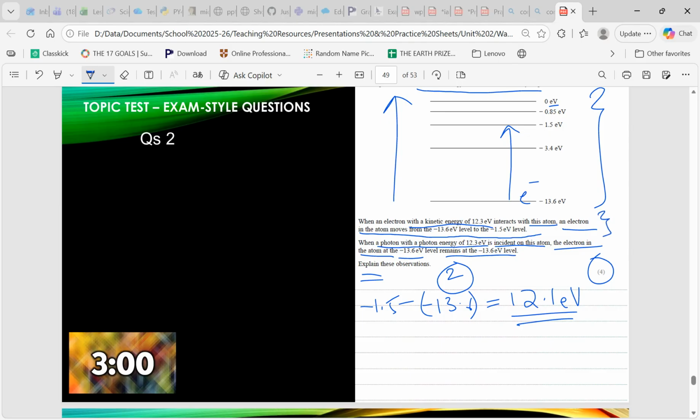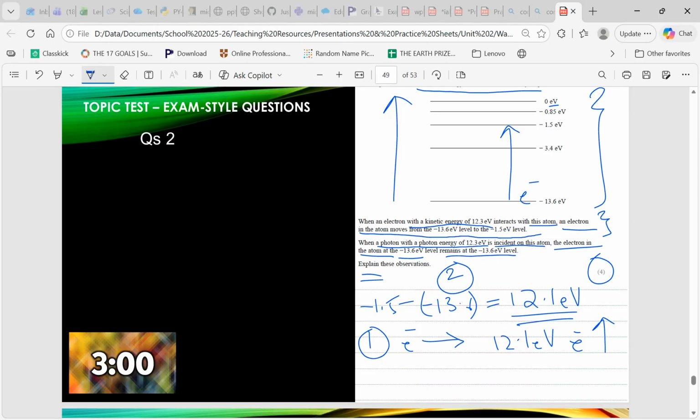The electron with a kinetic energy, the external electron, had a kinetic energy greater than 12.1 volts. It was 12.3 volts. So I'm writing 1 over here to explain situation number 1. When this moving electron interacts with the atom, it transfers 12.1 electron volts of its total kinetic energy to the electron within the atom to undergo a transition from the lower to the higher state.